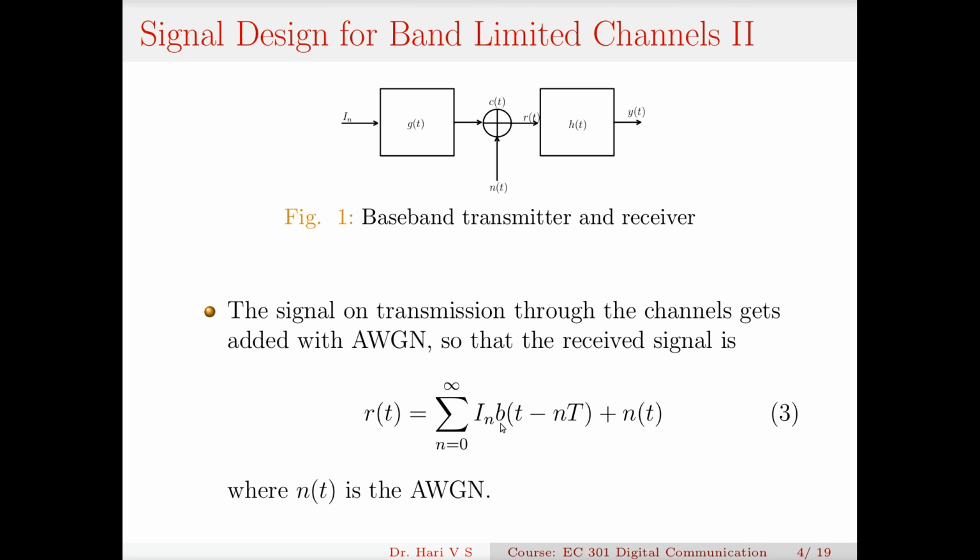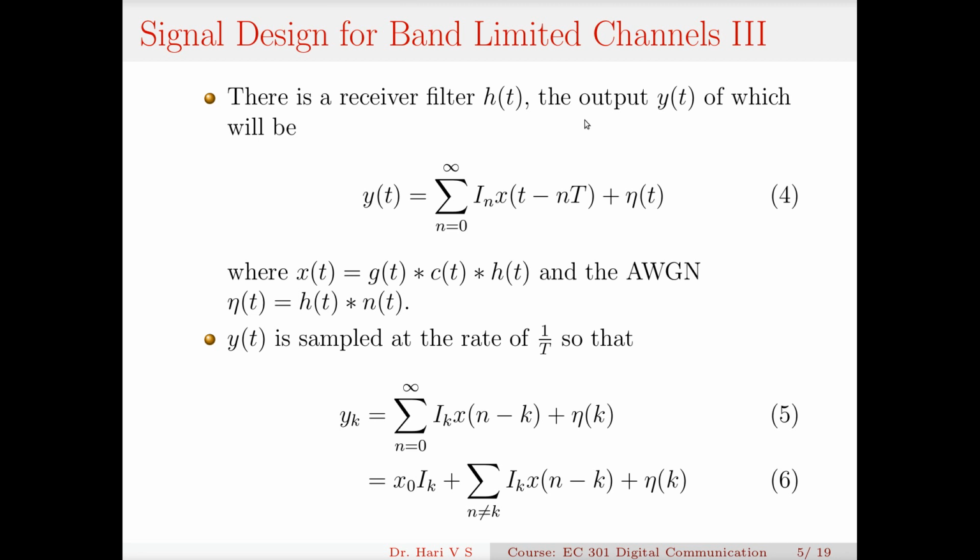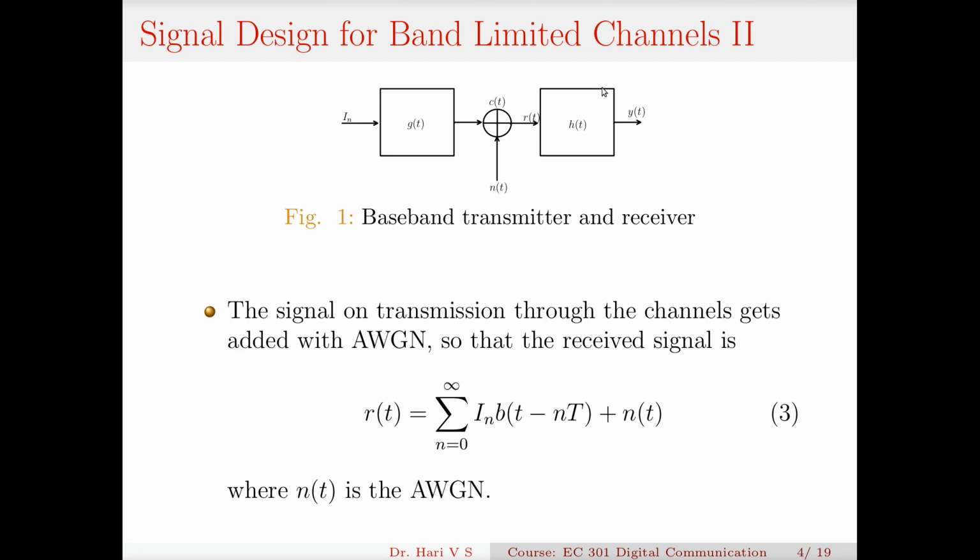This b(t) is g(t) convolution c(t). Plus I have this noise entering in the channel, that is n(t). So this is the received signal coming here into my receiver filter. So at the receiver also I have to have a filter. Let me call it h(t), so that the output of this filter h(t) is my actual output of my receiver filter.